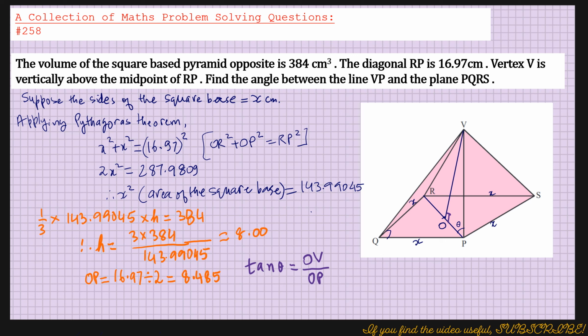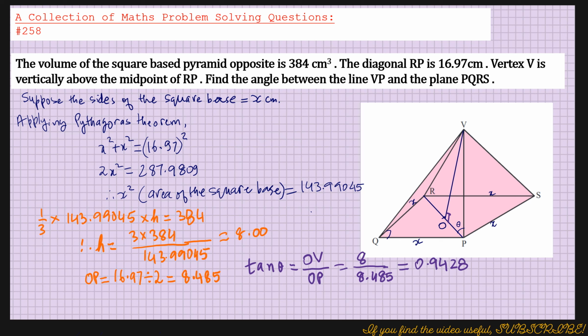We work out theta using tan theta, because that equals opposite side divided by the adjacent side, which is OV divided by OP. OV divided by OP gives you 8 divided by 8.485, which gives 0.9428.